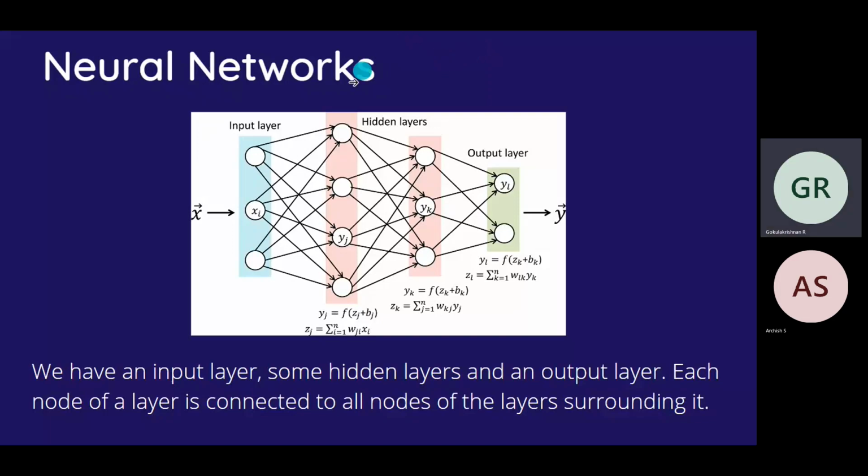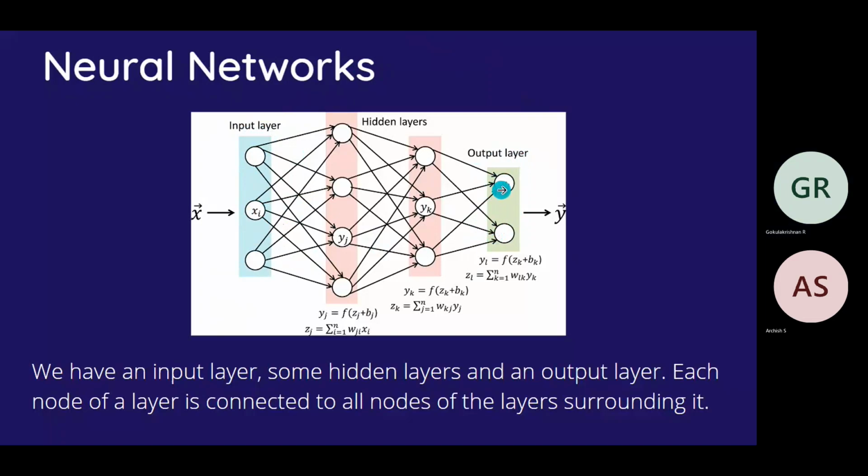So in a neural network, here there is an input layer, and here there's an output layer. The input layer will consist of all the features. The first node may be the age of the building, or the number of bedrooms, and so on. And the output layer will only have one node in our problem, the price.